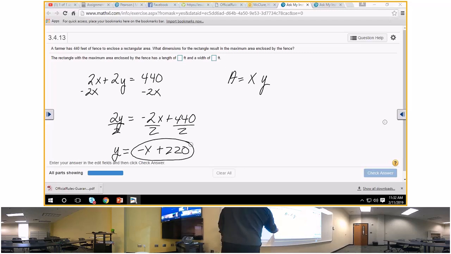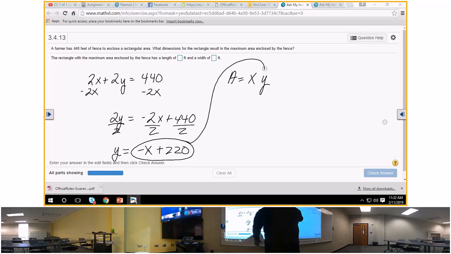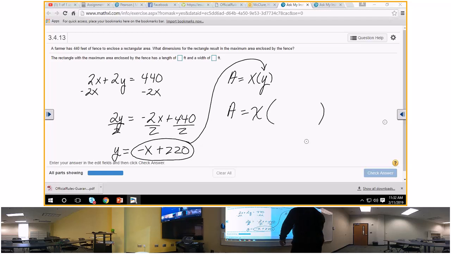Now I'm going to take that and plug it in for y. A is equal to x times negative x plus 220. Now distribute. A is equal to negative x squared plus 220x. And now you have a quadratic.